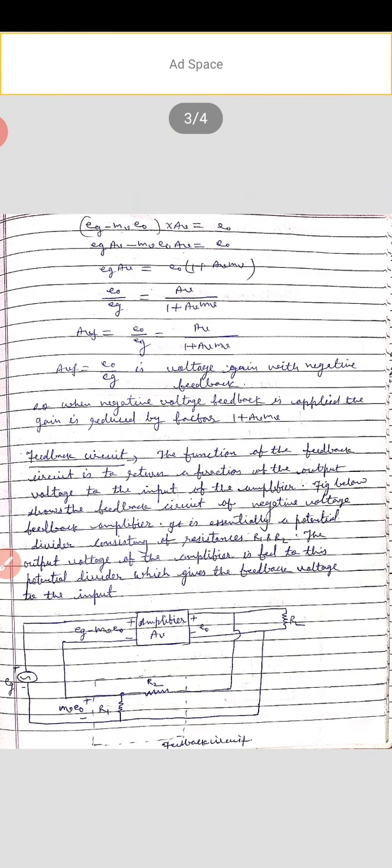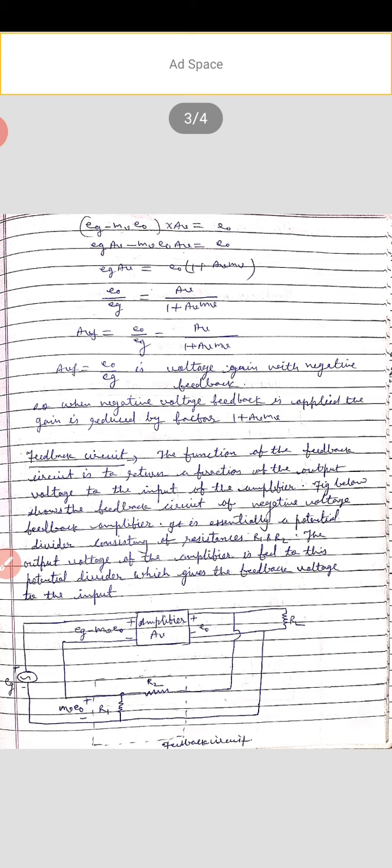Now next is the feedback circuit. The function of the feedback circuit is to return a fraction of the output voltage to the input of the amplifier, and the figure below shows the feedback circuit of the negative voltage feedback amplifier.